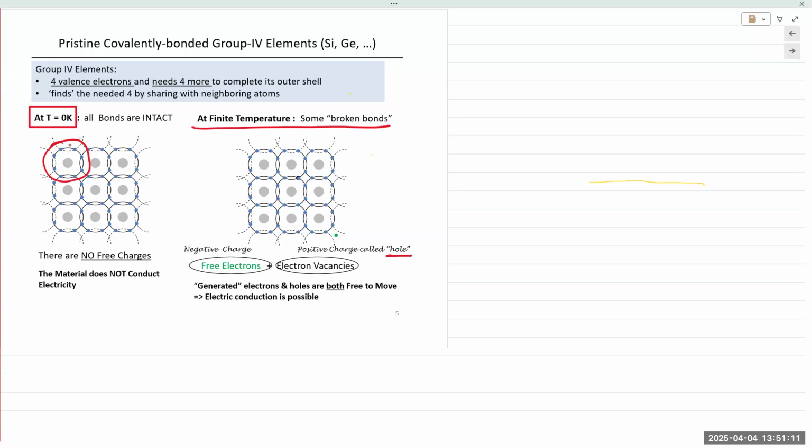And as one electron moves into a spot, let's say there is a spot created here. Let's say these were all occupied with electrons. There's an electron here, here, here, maybe another electron here.